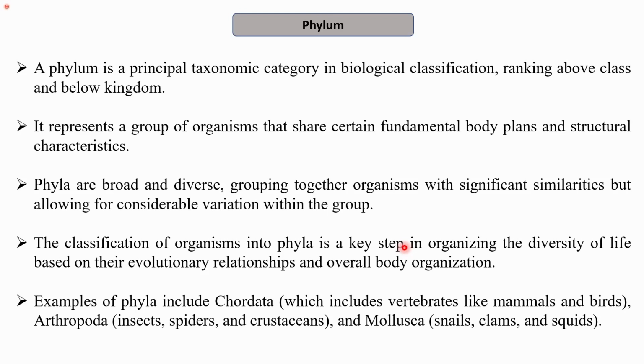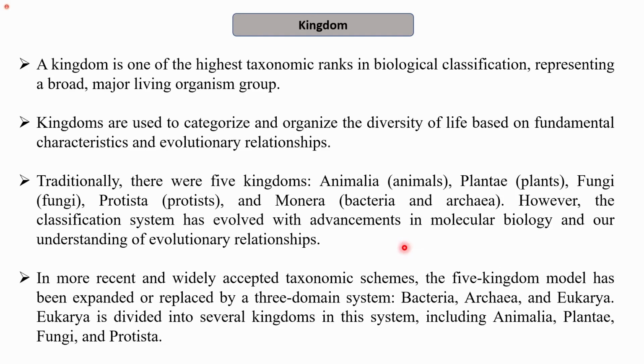The broadest term, which is the highest taxonomic rank in biological classification, representing a major group of living organisms, is a kingdom. So kingdoms are used to categorize and organize the diversity of life based on fundamental characteristics and evolutionary relations, such as whether they are able to move or not, whether they are able to synthesize food or not. Traditionally, a five kingdom classification was used.